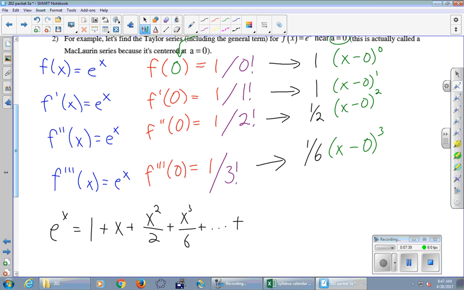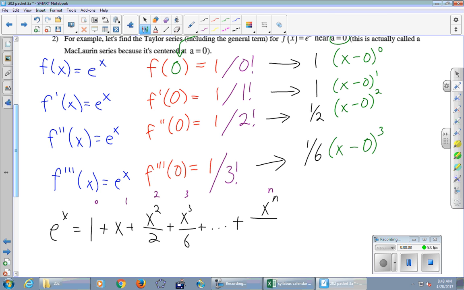Okay, but then the new thing for today is the general term. Because we're going out forever, we want to try to capture the pattern in general. Now remember, this was the 0 term, and this was the first term, and this was the second term, and this was the third term. And what we're after here is the nth term. N is our letter for the general term. So we just have to capture the pattern as best we can. X to what power? X to the n for sure.